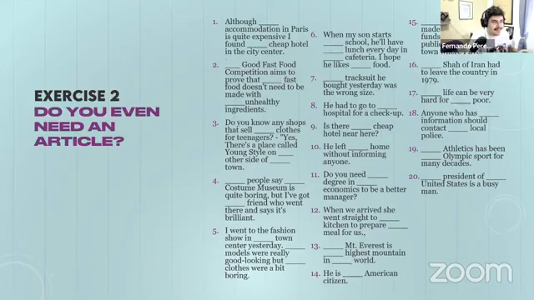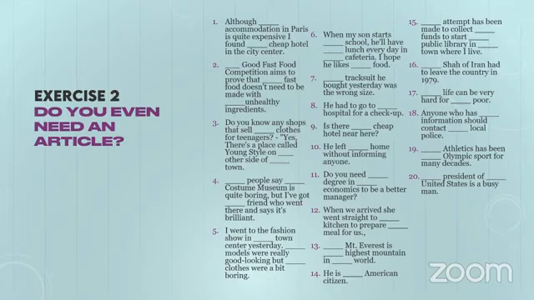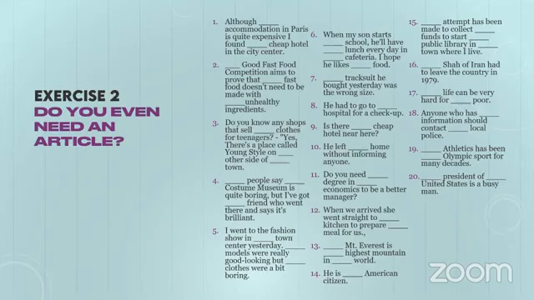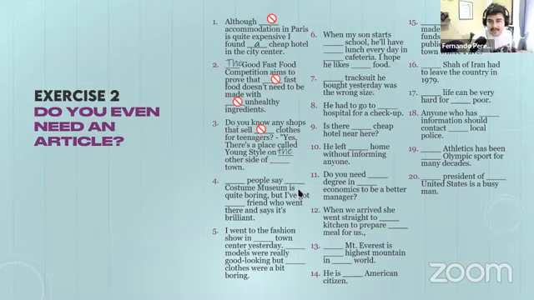Very nice. So repeat. Do you know any shops that sell clothes for teenagers? Without the article, yes. There is a place called Young Style on the other side of the town. Exactly. So in this case, we need the two articles on both sides of the town. Very good.